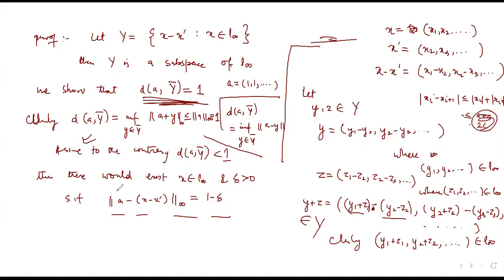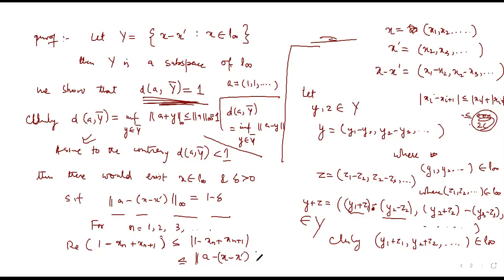ठीक है? Okay. Now for n equal to 1, 2, 3, so on and so forth, I can say real part of this complex number 1 minus xn plus xn plus 1, real part of any number is less than equal to the modulus, yani 1 minus xn plus xn plus 1, that would be less than equal to the supremum of these scalars over all n, and iska jo supremum hoga wo hoga norm of a minus (x minus x prime), which is equal to 1 minus delta.